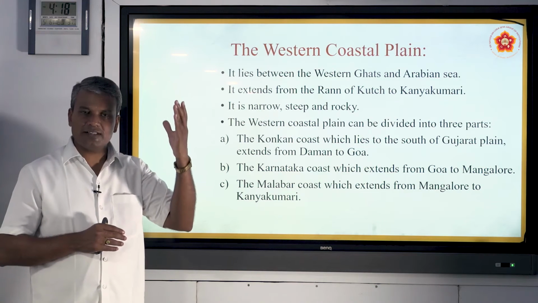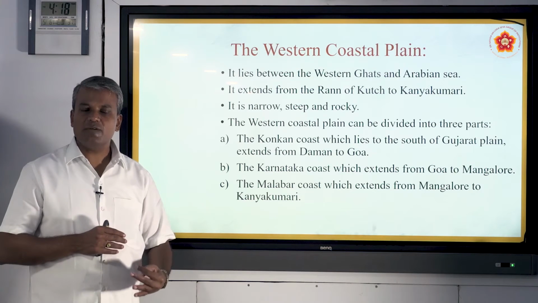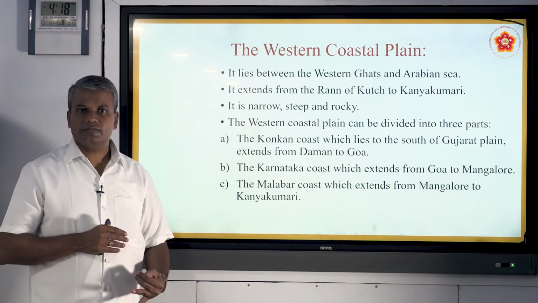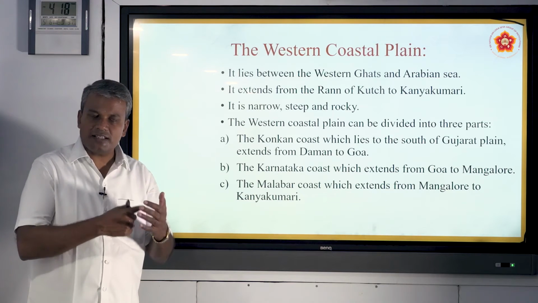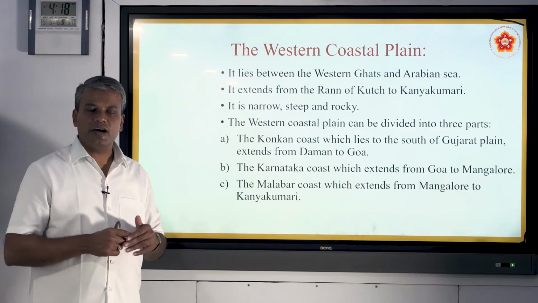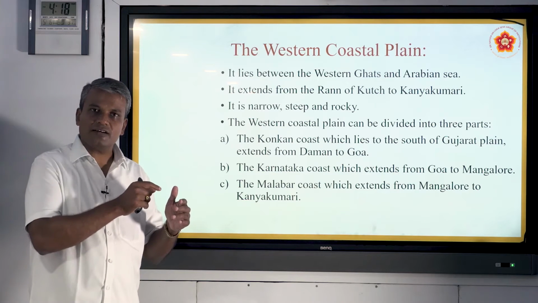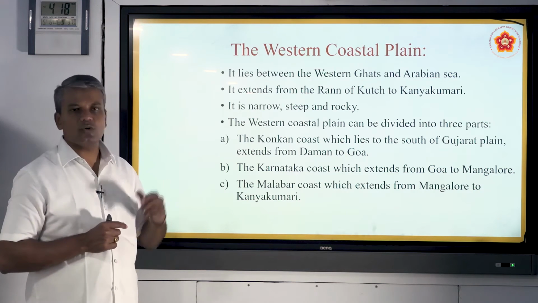So from northern side, Konkan coast, Karnataka coast and Malabar coast. Here Kerala region is Malabar coast, Karnataka region is Karnataka coast or Kannada coast, and Maharashtra or Mumbai region and also Gujarat region is Konkan coast.